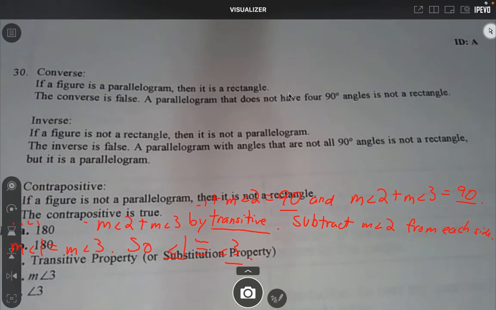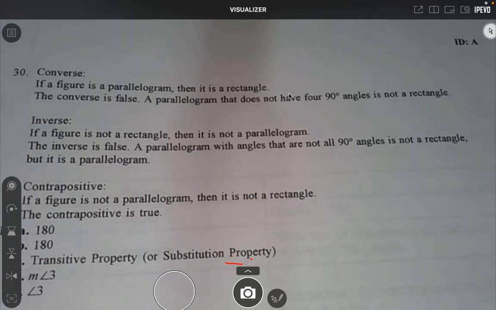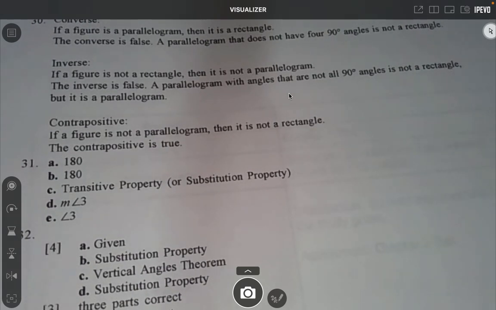The inverse, you keep them the same and you put the word not. So the inverse, if a figure's not a rectangle, it's not a parallelogram, it's false. And then the contrapositive, you do both of those things. You put the word not and you switch them around. If a figure's not a parallelogram, then it is not a rectangle. That one is true. And that's usually the pattern, false or true.